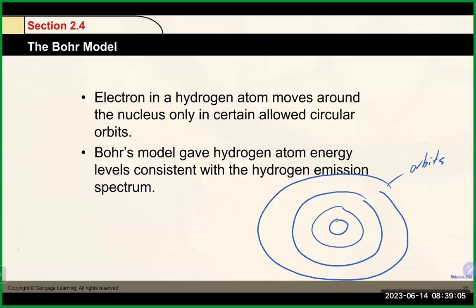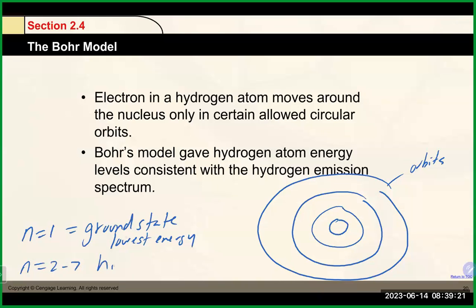They're at different energy levels, like n equals 1, which is the ground state and is the lowest in energy. Anything above that, like n equals 2 through, say, 7, are higher energy levels, and these are sometimes referred to as excited states.